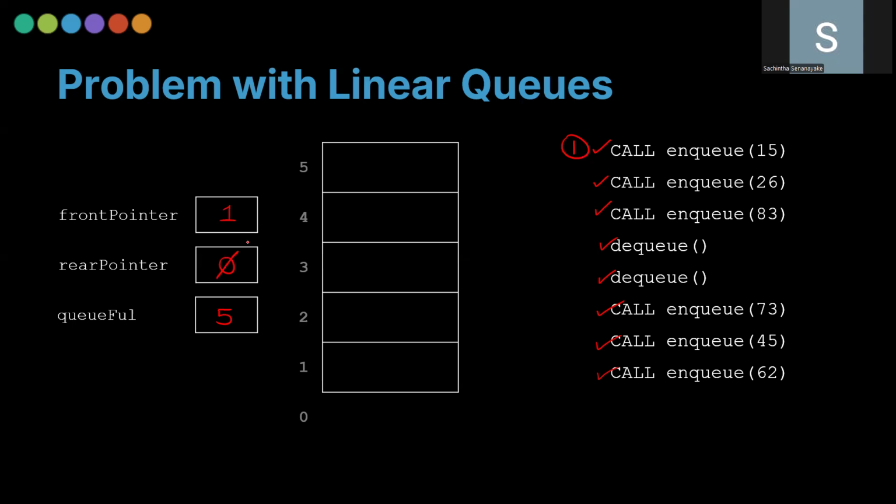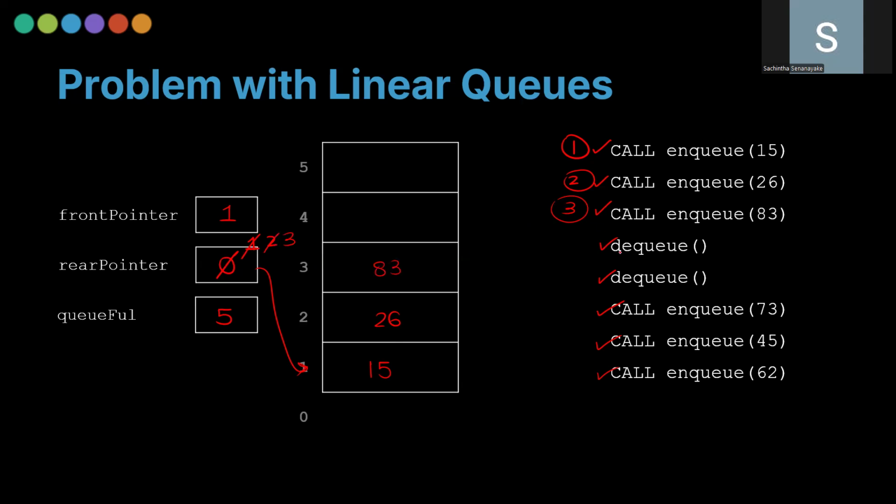Rear pointer will be set to 1. That's where the item should go, and the item that will go there is 15. And we keep repeating this. Next step, enqueue 26, rear pointer becomes 2, 26 goes to location number 2. Call enqueue 83, rear pointer becomes 3, 83 goes to location 3 of the queue.